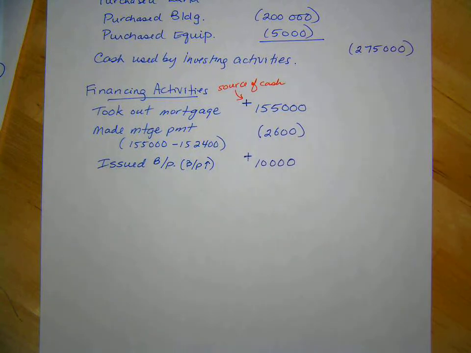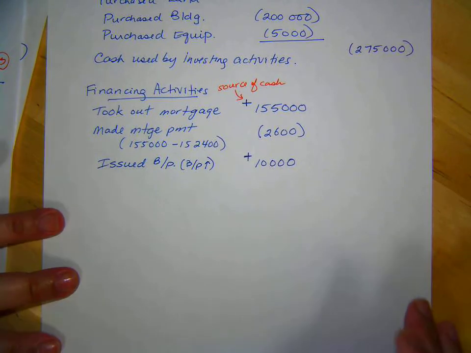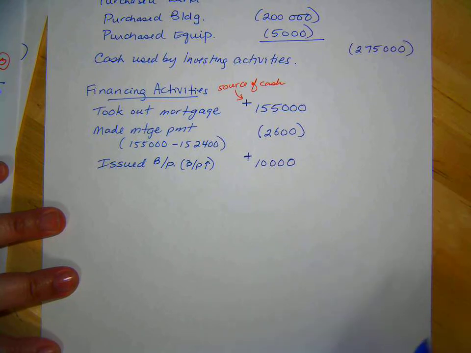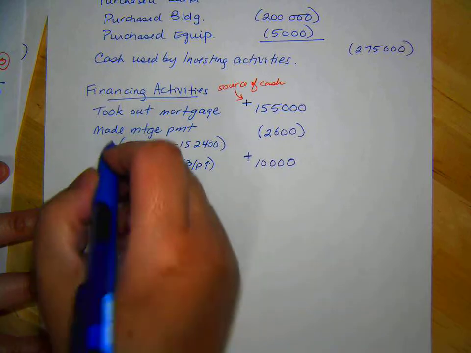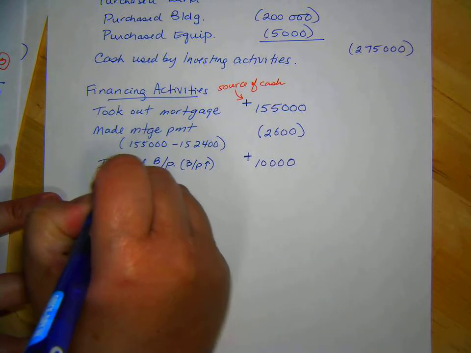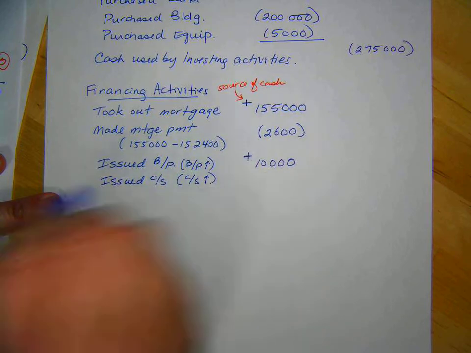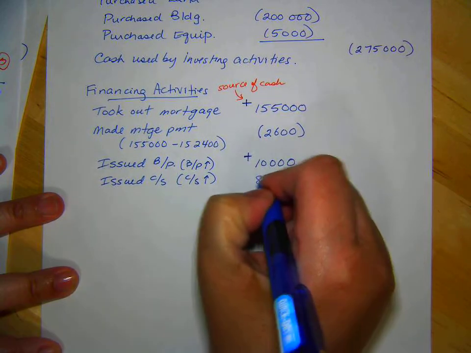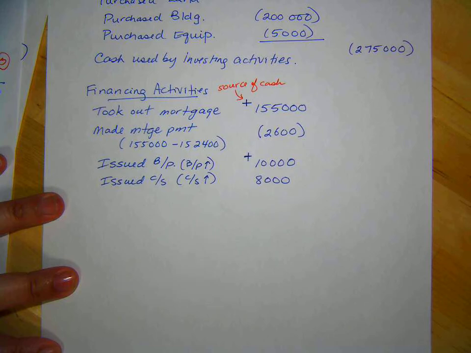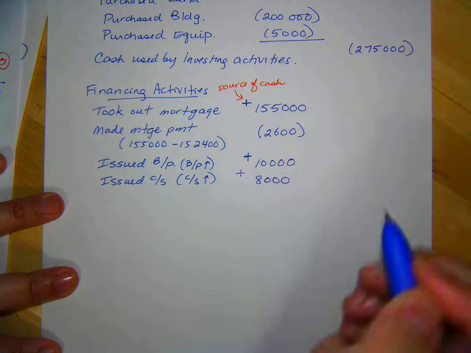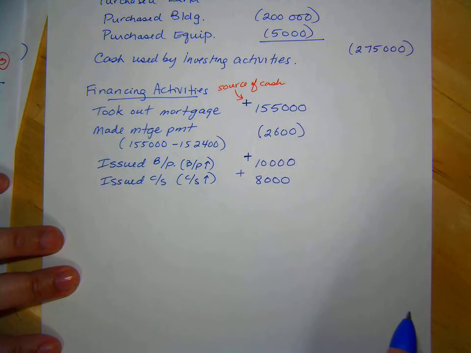Now, you guys, you don't have to put the positives on, but you definitely have to put the negatives on, okay? Okay, going down into shareholders' equity, we've got issued common shares because shares went up. 8,000, and if we sell or issue common shares, we're getting money, so it's positive.